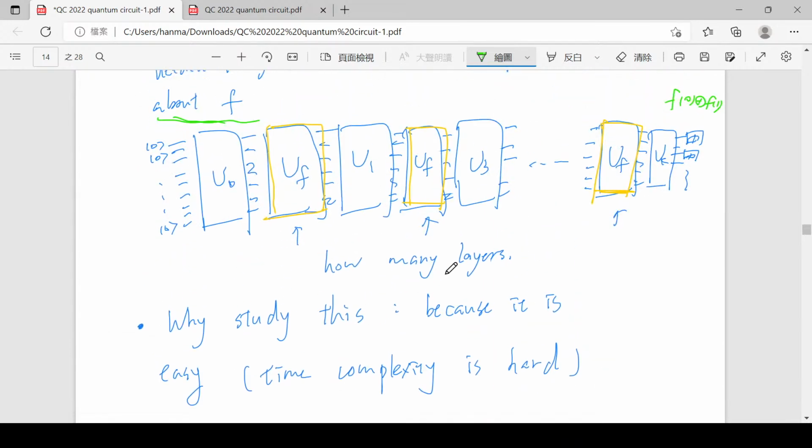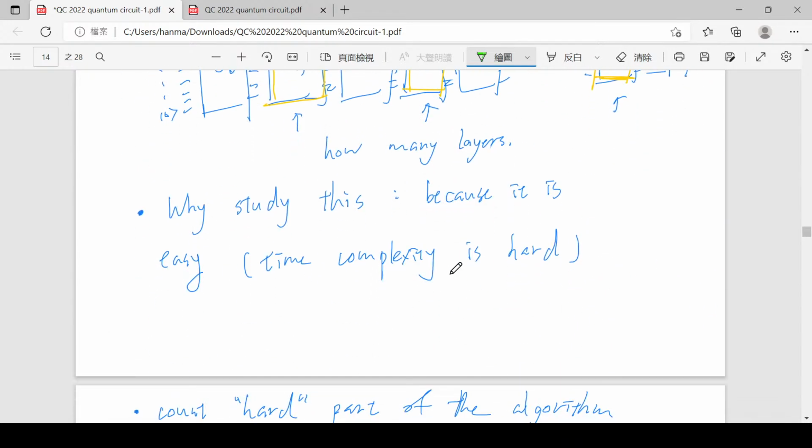Okay, and why would we want to do this? Because this is an approximation to time complexity, but actually bounding time complexity is hard, so we study query complexity.